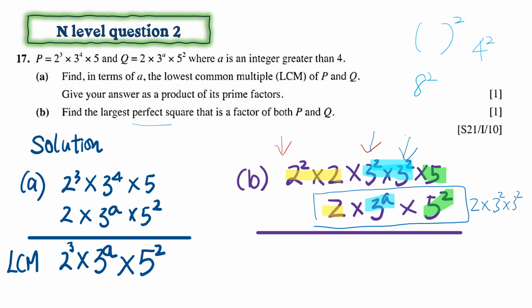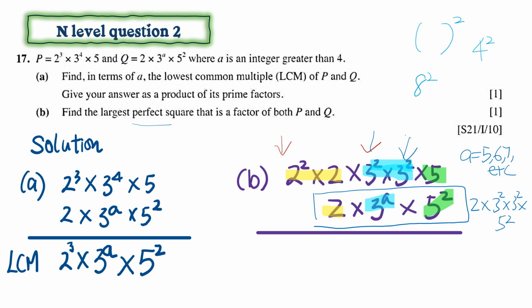It's an integer greater than 4, so a can be 5, right? A can be 6 or 7, etc. So the minimum value it can have is 3 to the power of 2 times 3 to the power of 2, and then times 5 to the power of 2.